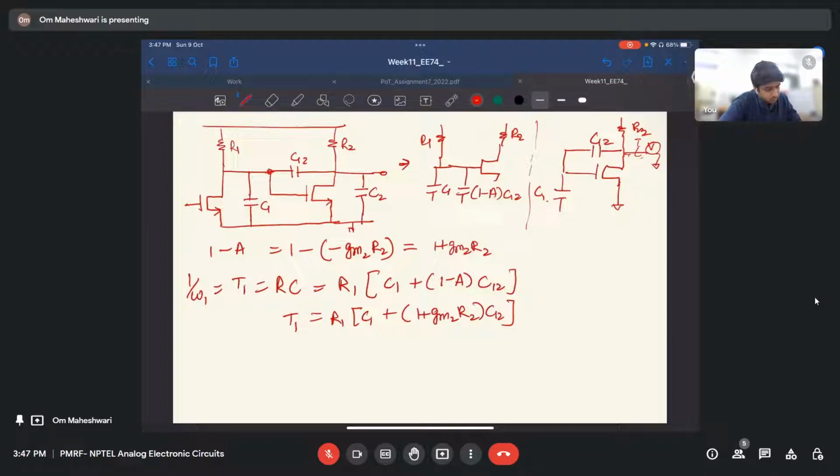If we apply a test voltage V here and find the current, this current will go here and here. What is VG? This is C12, this is V, this is VG, this is C1.